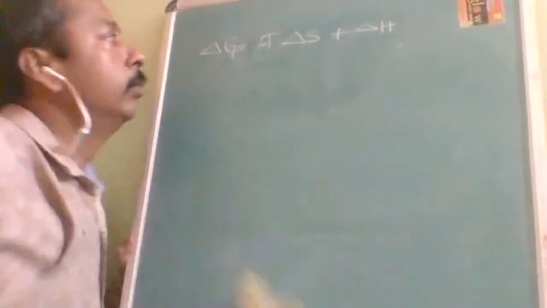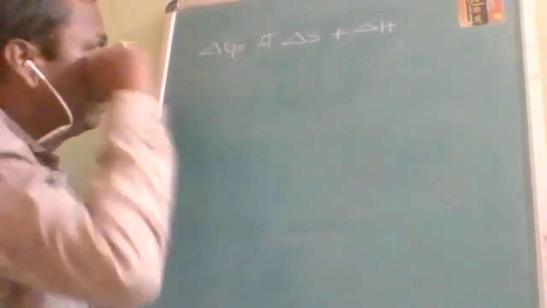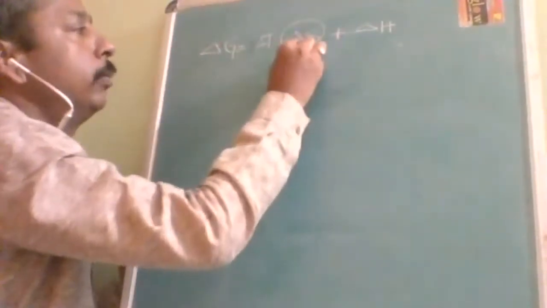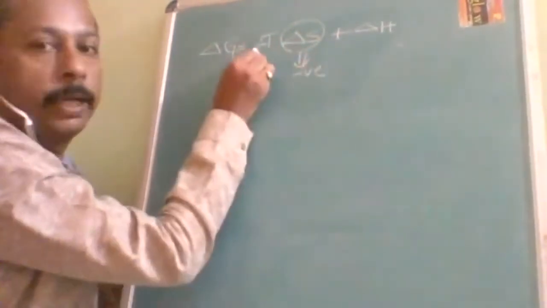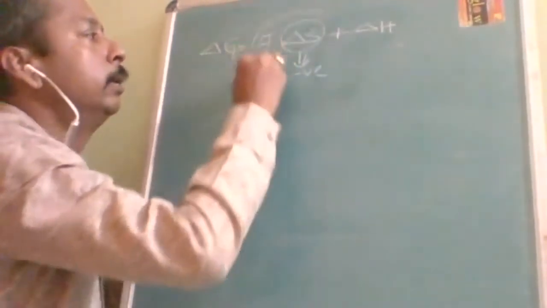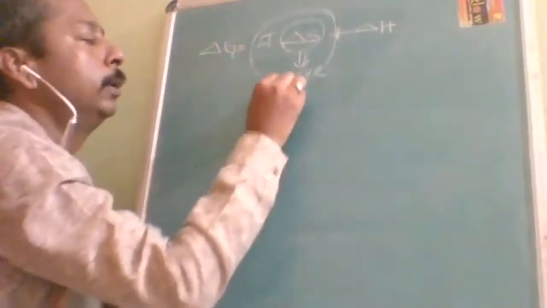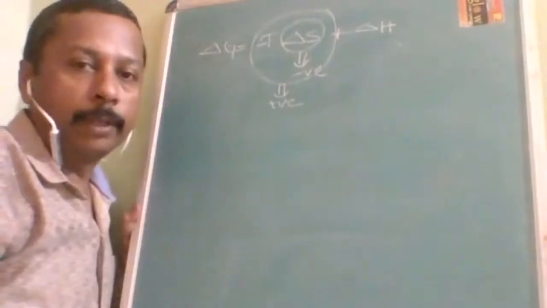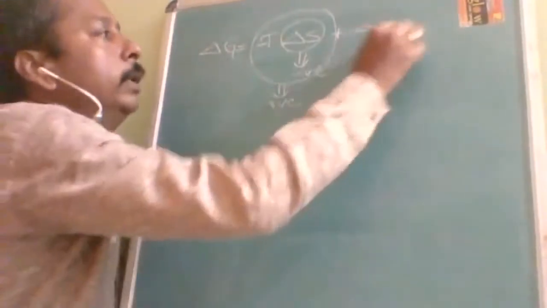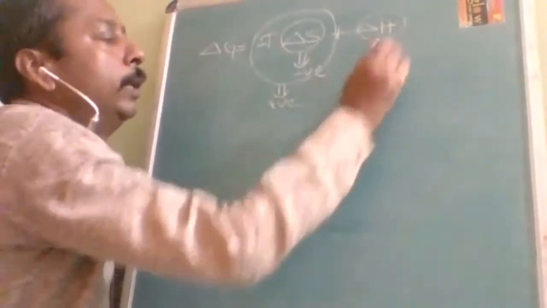Now I am going to compare. See, this delta S, just now I told you, is negative. This is negative and already one negative is there, so this total term is going to be positive. Now this delta H, what I told you, is exothermic.